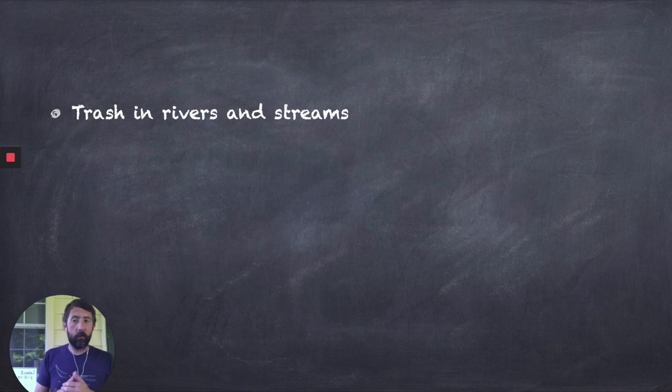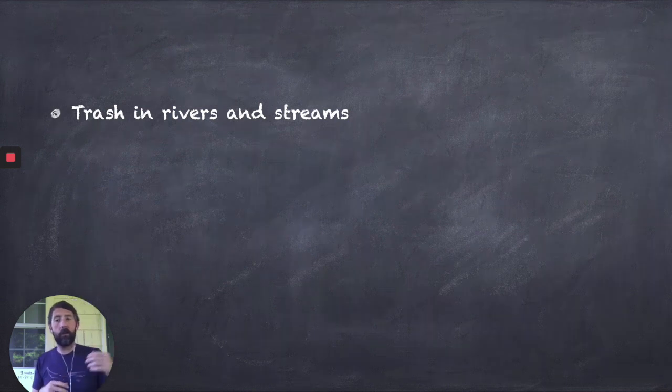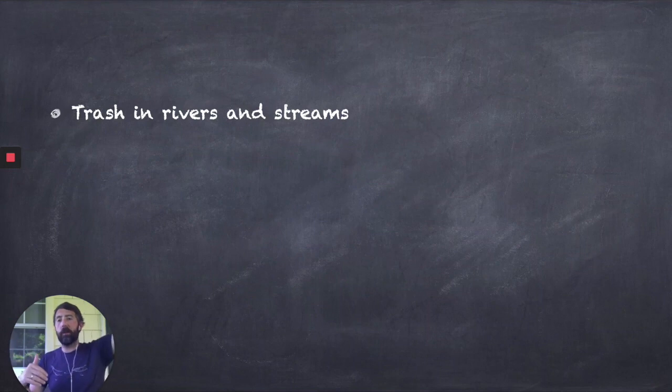Connected to that, another more detail around that is people throw trash out their window, right? And that trash goes, as everything in this world, what goes up must come down, so it's going to go down, and the water tends to be down, and so eventually it ends up in the water.